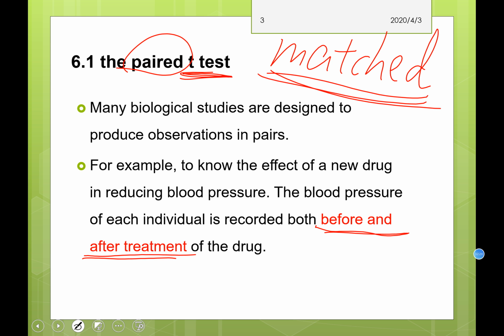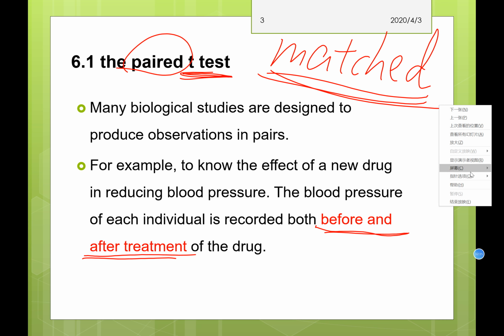That is another keyword. Let's think about it. In the last example, we used before and after, that is matched, or we can say that is paired samples.